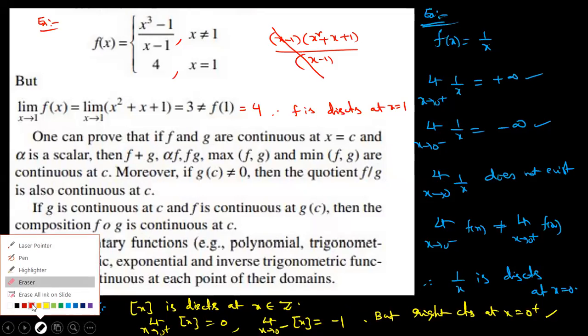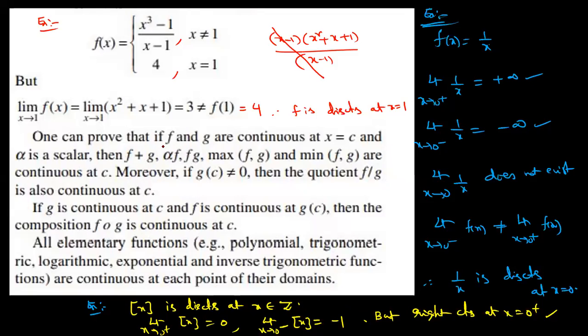Now, see the models. If f and g are continuous at x equal to c, where alpha is a scalar, then f plus g is very important. Alpha f, fg, sum of two functions, product of two functions, a maximum, a minimum, are continuous at x equal to c, when f and g both are continuous functions.